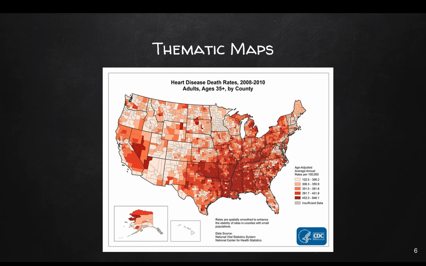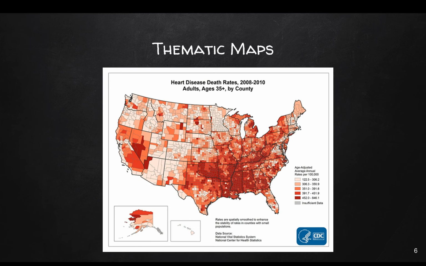Choropleth maps let us quickly identify spatial patterns, as we can see here that the south and the eastern portion of the Midwest have a much higher heart disease death rate than the Rocky Mountain states, for example. These maps then allow us to ask spatial questions as to why heart disease death rates are greater in some areas than in other areas.